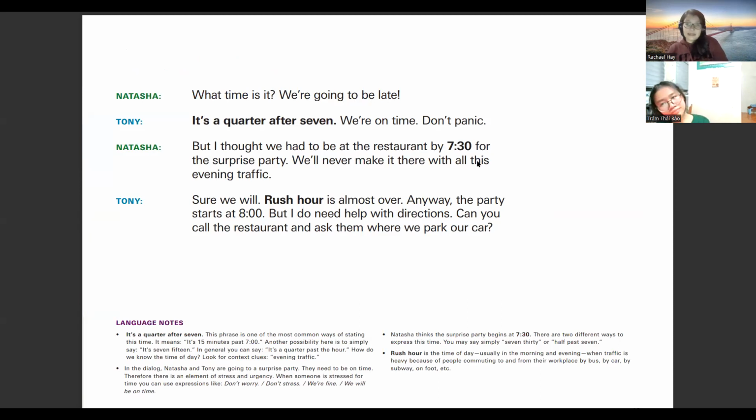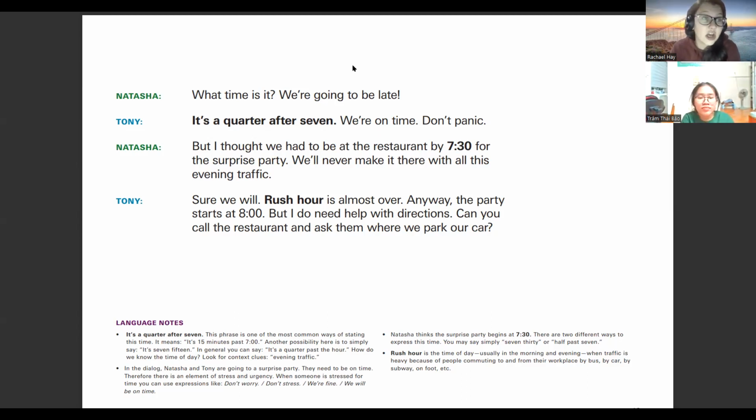So when we speak about time, we usually say it's either the hour and then we work in five. So it'll be 5 past, 10 past, quarter past, because quarter means 1 out of 4. Do you know that? Quarter means 1 out of 4.